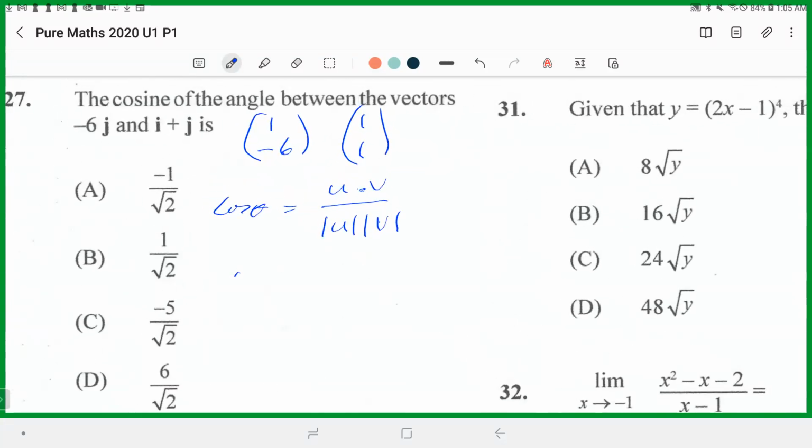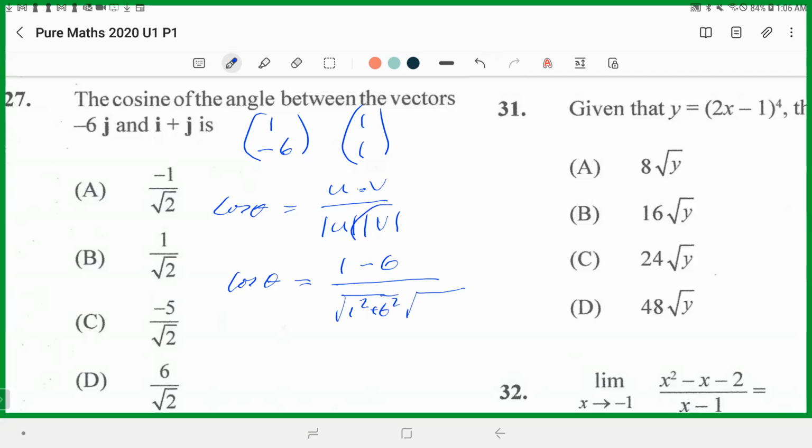So cos theta equals, how do we do the scalar product now? Multiply these two values up here, you get 1. Then multiply these two values, you get -6. Over the modulus of u, which is the square root of 1 squared plus 6 squared. I call them u and v.